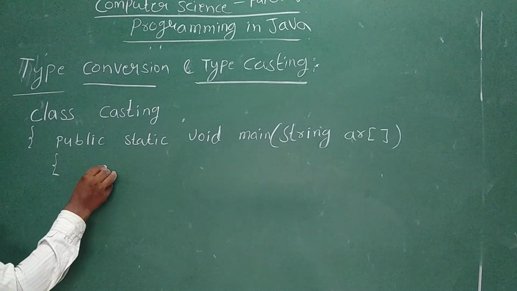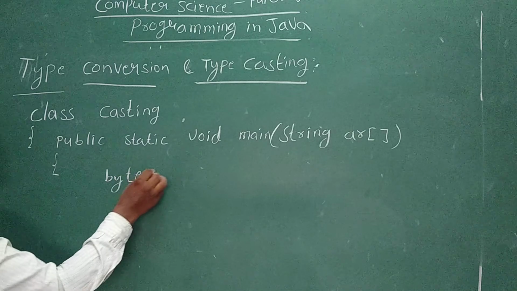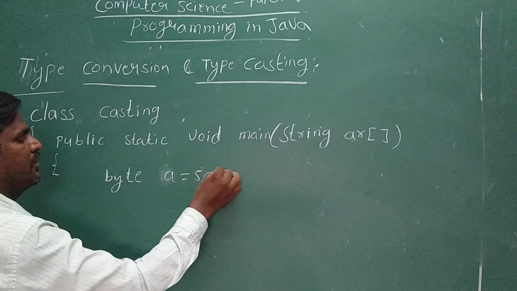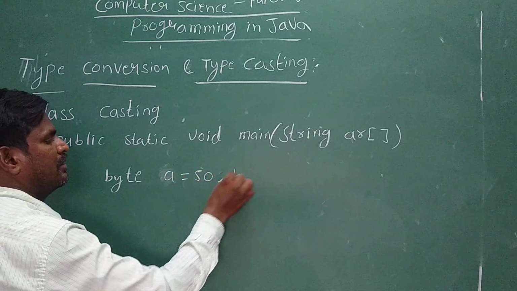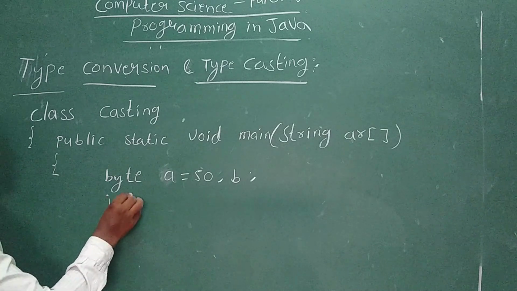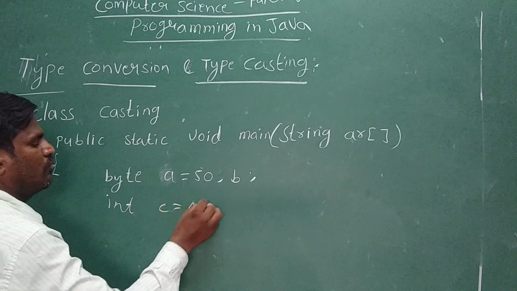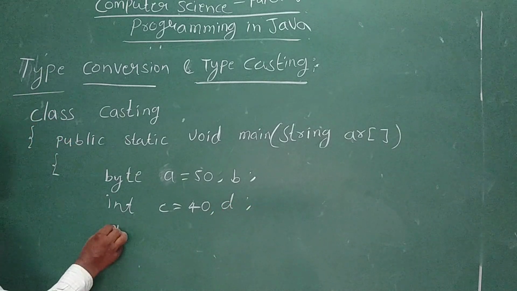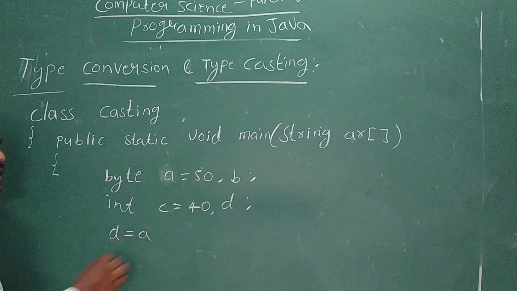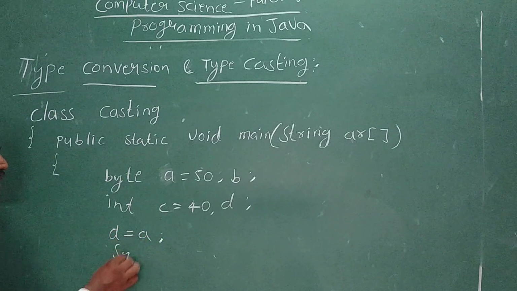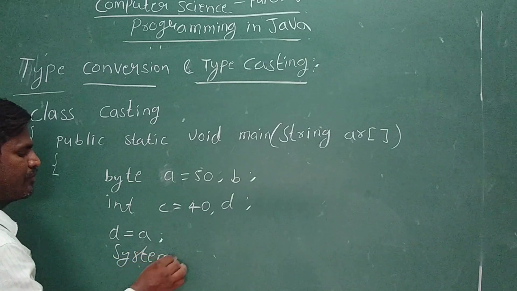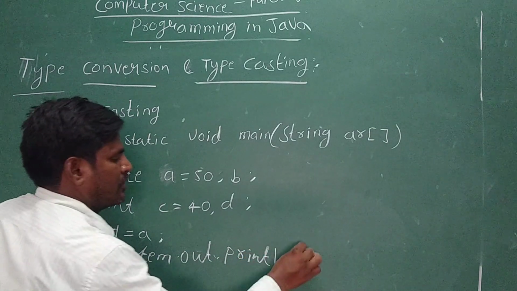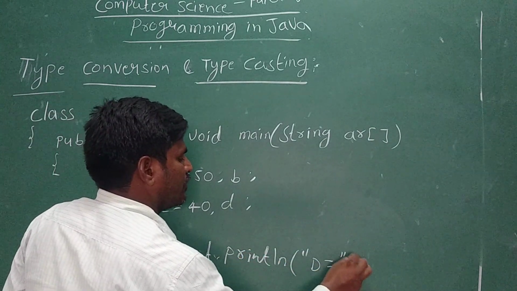So I am declaring a byte variable, say A, with value 50, and another variable B. Now integer C is equal to 40, and giving another variable D. Just I wrote like this, D is equal to A. Now System.out.println, you can print D value.